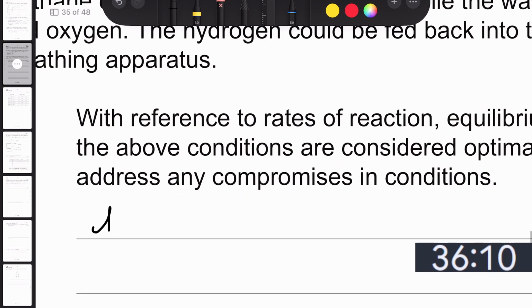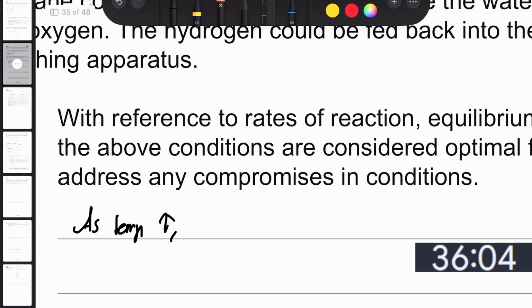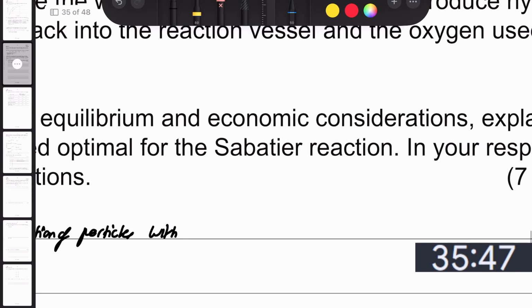So as temp increase, velocity of particles and proportion of particles with minimum activation energy increase.